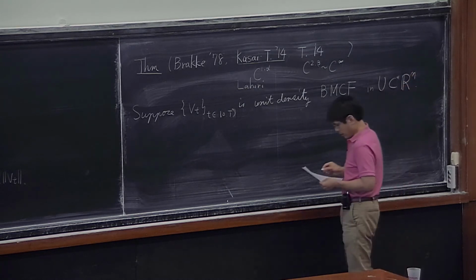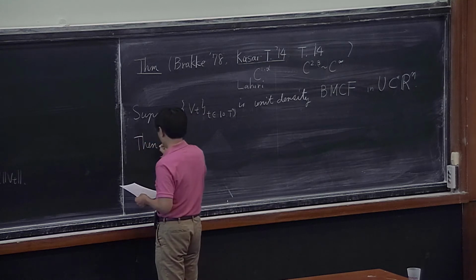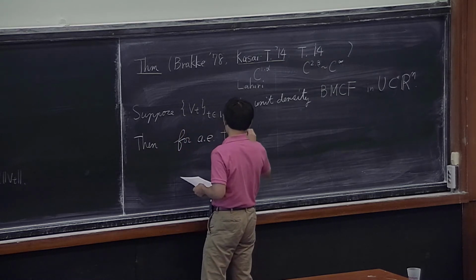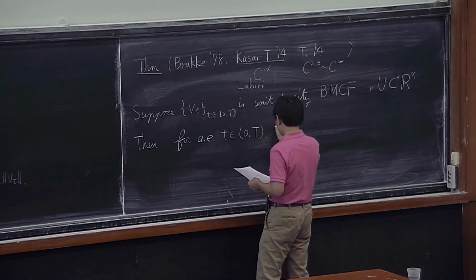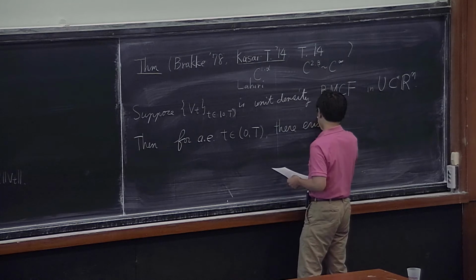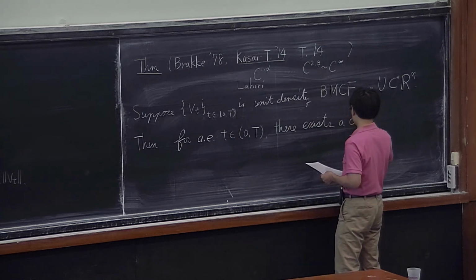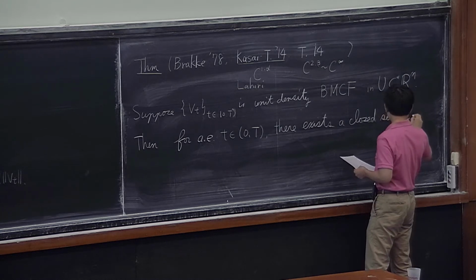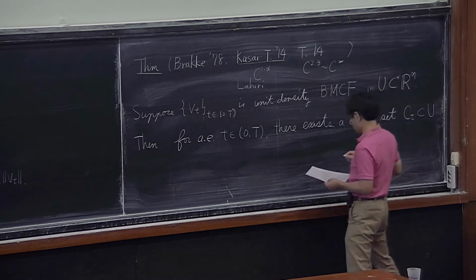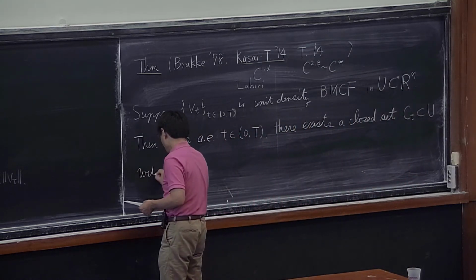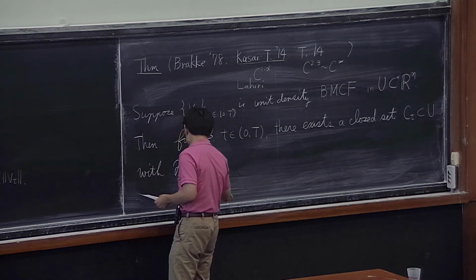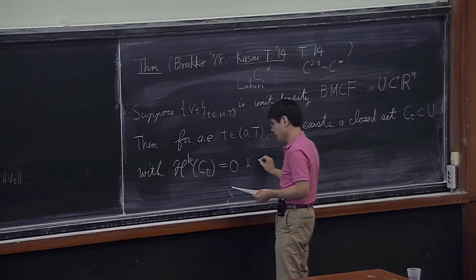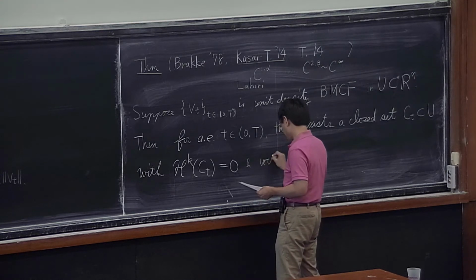Then what you can prove is that for almost all time, there exists a closed set, let me write this as Ct, in U, which has k-dimensional measure 0, and also with the following property.